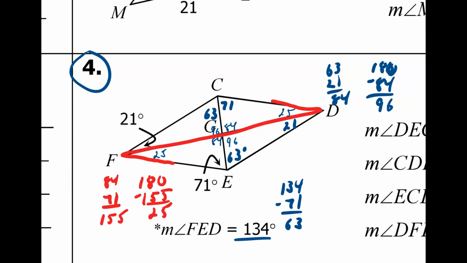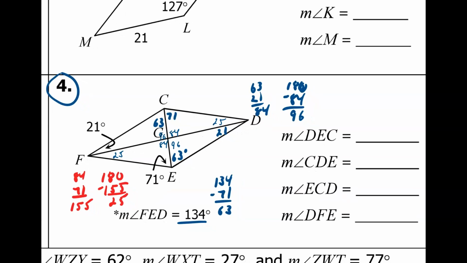And I think I've got them all. So now that we have all the angles, and like I said, that was a little bit more work, we can write them all in. So we've got angle DEC. DEC is 63. We've got CDE. So CDE is this one, this whole thing here. We've got to add these two together, and that's 46.